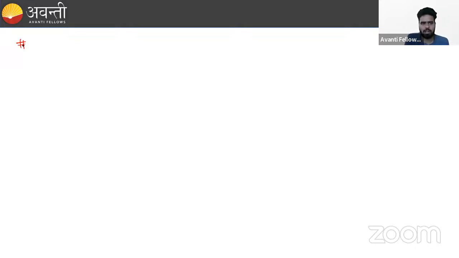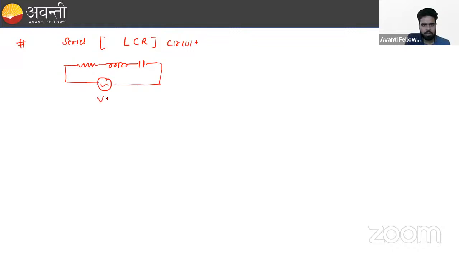Suppose a series LCR circuit is given, with an AC voltage in this manner, and the voltage is something like V naught sine omega t, having some initial phase phi naught, right?